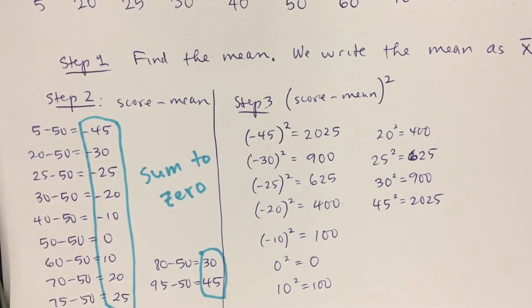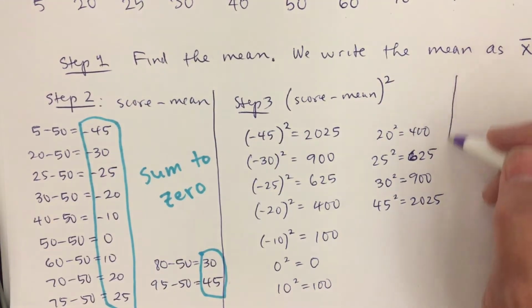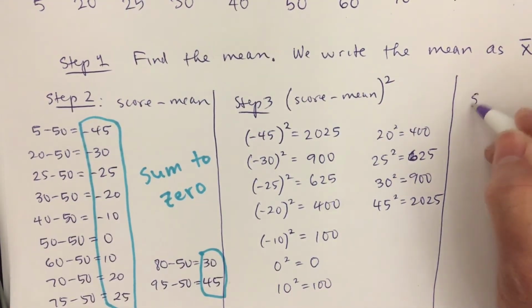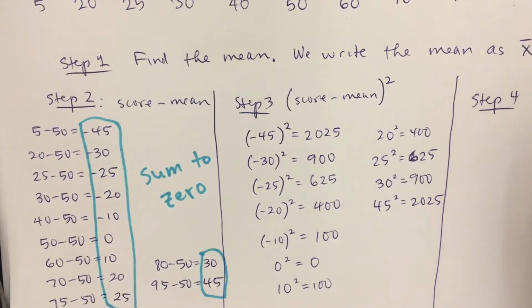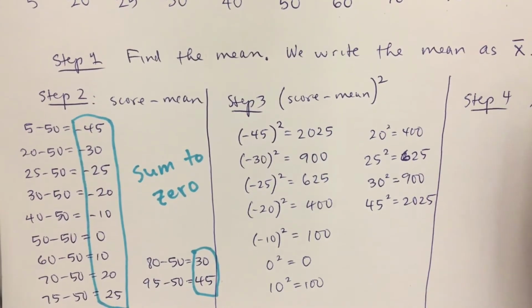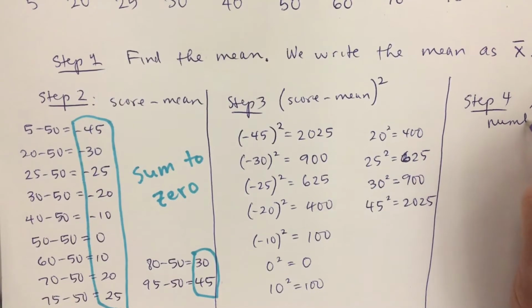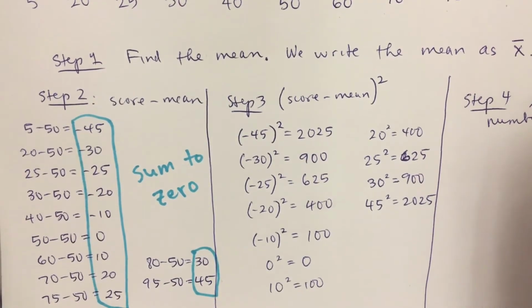The fourth step is that you're going to add the numbers from step 3. Step 4, add the numbers from step 3.